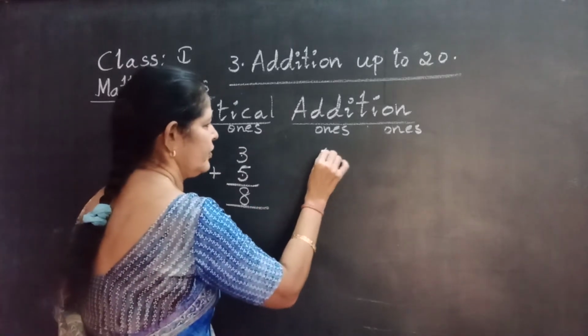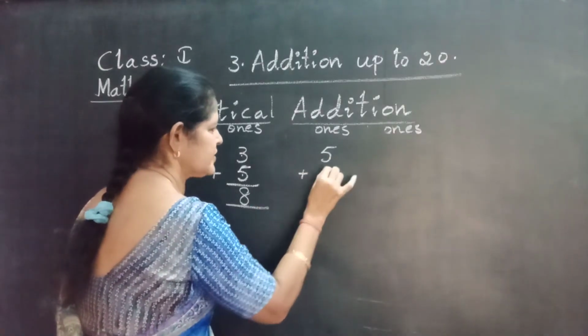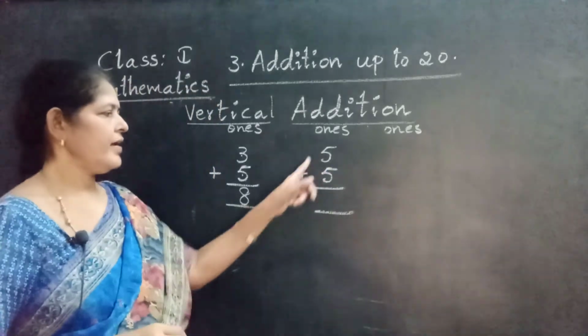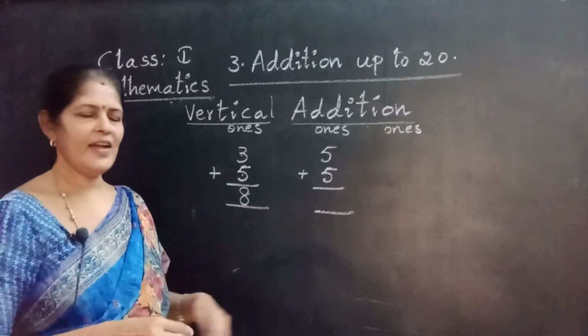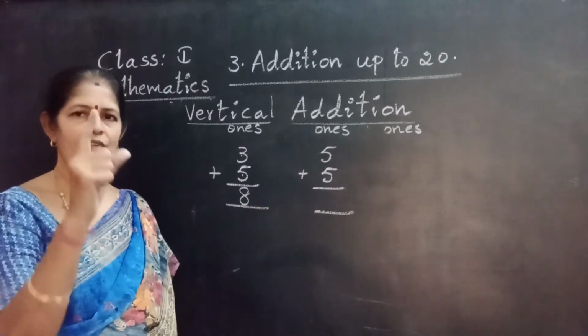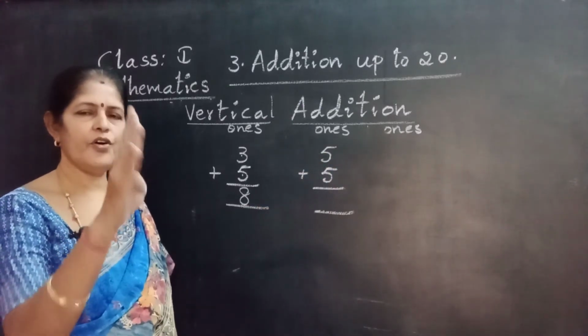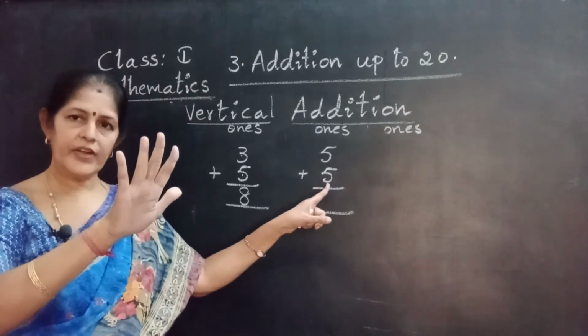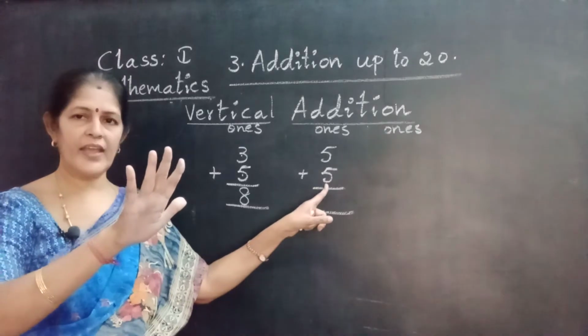Another one. 5 plus 5. Both are the same numbers. 5 plus 5. Come on, take 5 fingers. 1, 2, 3, 4, 5. Now start counting. The second number is also 5, no?